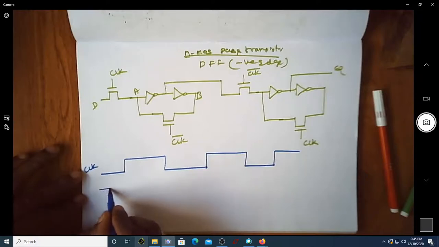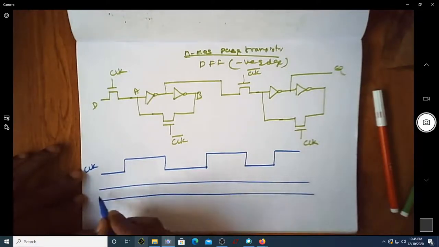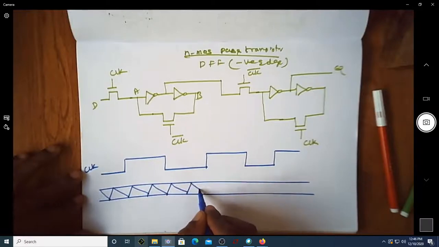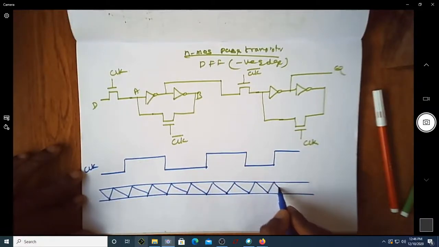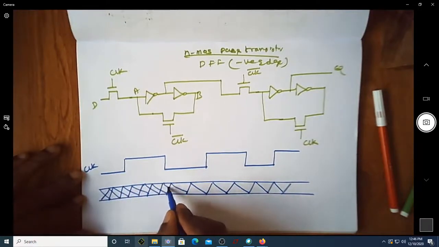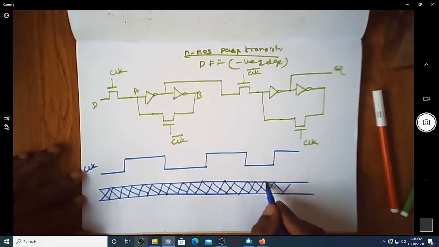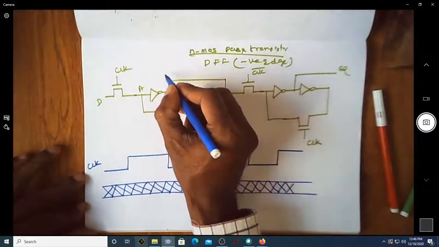We write the D input which keeps on varying here. I'm just indicating that instead of simply taking 0 or 1, this keeps on changing to any value. So this is my D input which can take any desired value.